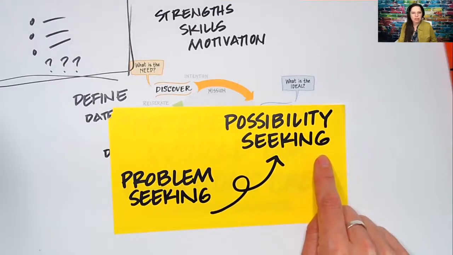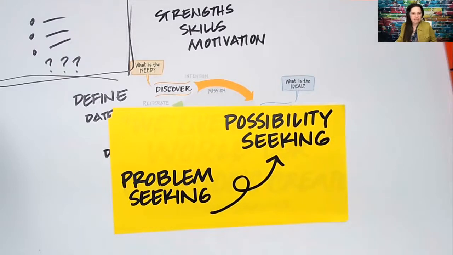A lot of marketers, engineers, analysts, and even facilitators like to ask, okay, what's your problem? So they can try to solve the problem. But what happens is you tend to get more and more of that. We want to seek out those possibilities because we want to build a foundation from which to really grow and soar.